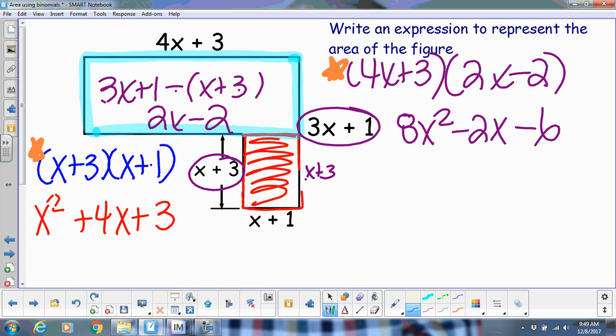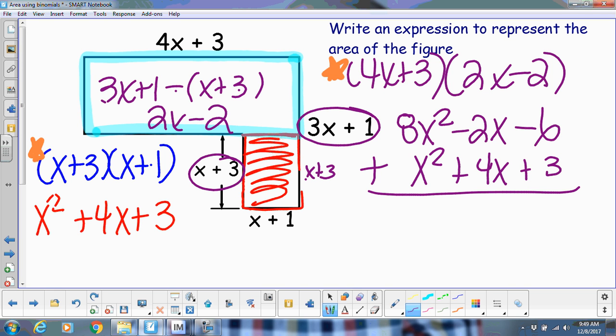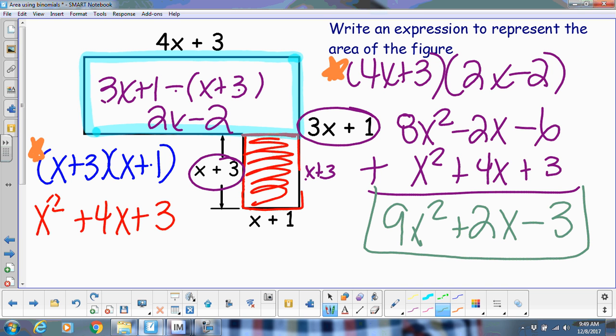Okay, so we're going to add those two together. What's 8x squared plus x squared? 9x squared. All right, what's negative 2x plus 4x? 2x, and negative 6 plus 3. There is your answer. Are we good?